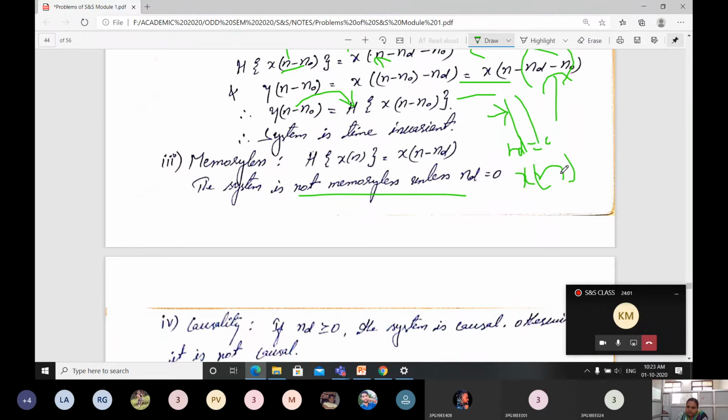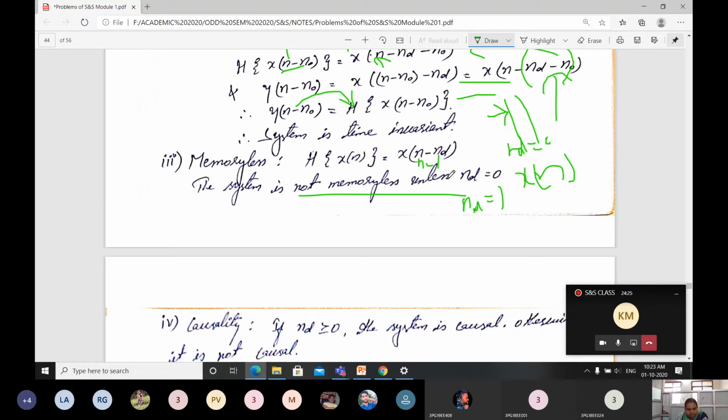X of n is the present value, right? If I substitute nd equals 1, I will get n minus 1. N minus 1 is the past value, right?